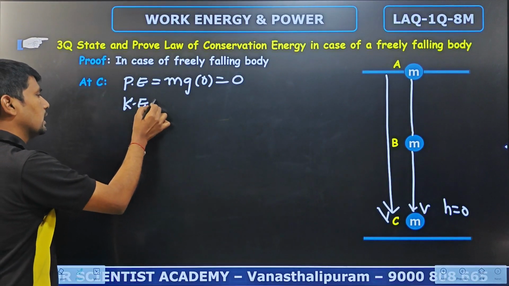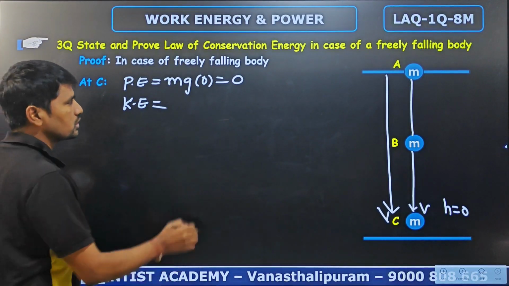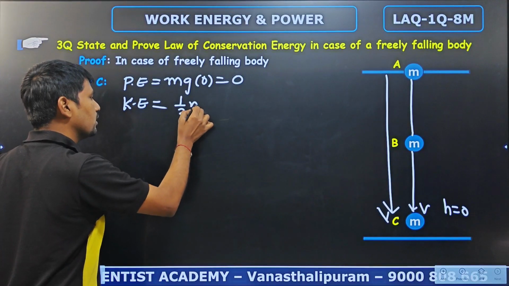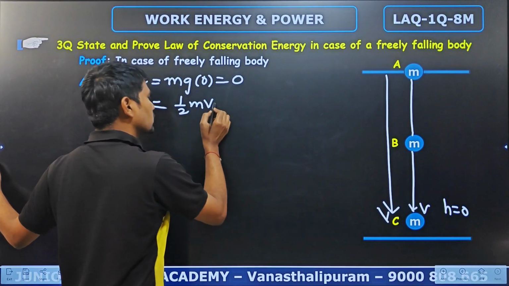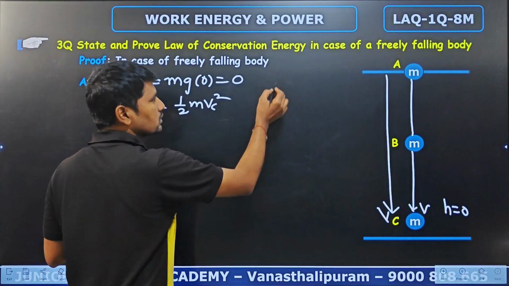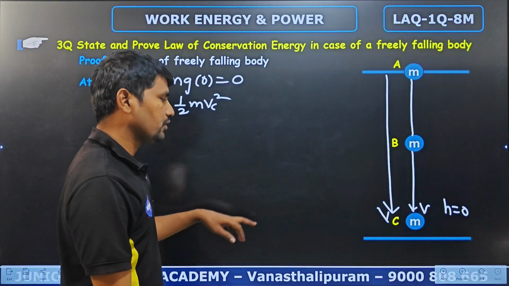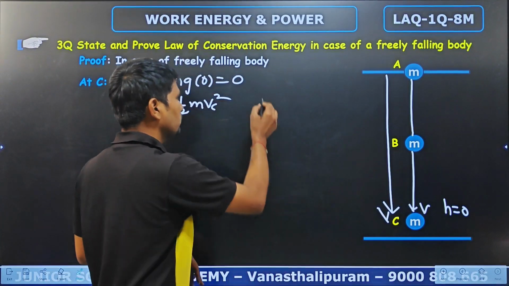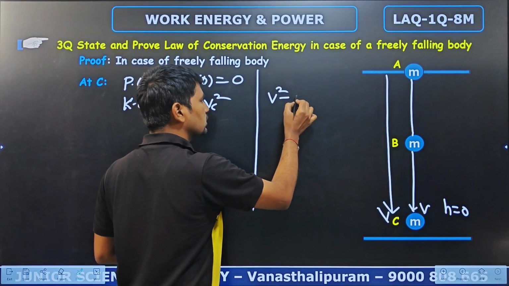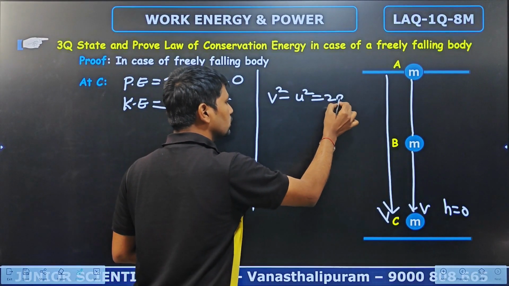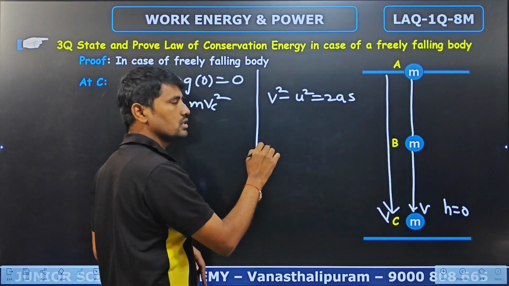The next kinetic energy: K is equal to half mv squared, but the object position is at point C, so we write vc squared. Again we have to find the final velocity at point C. What is the formula again? v squared minus u squared is equal to 2as, the third equation of motion.